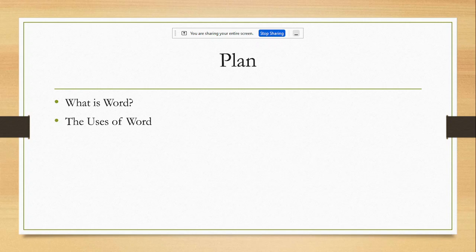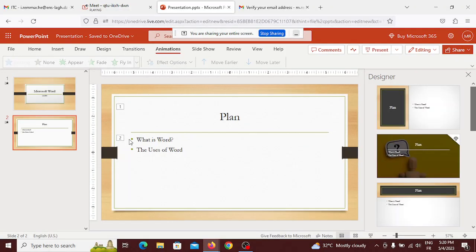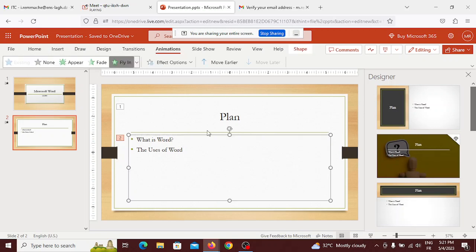The reason why these two elements appeared at the same time is because the animation was not applied to each element by itself. It was applied to this text box right here. That's why the animation was applied on both of them. Okay, we can click right here.